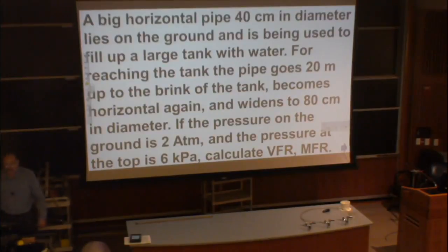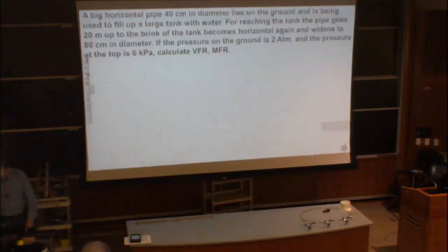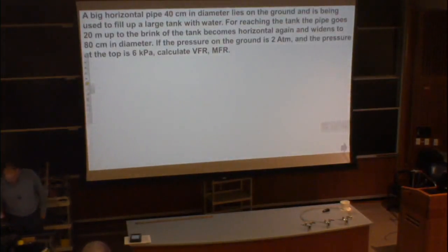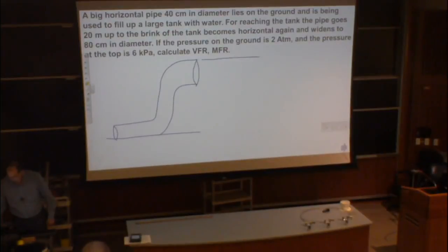If we know speed, we can calculate volume flow rate, we can calculate mass flow rate. So, the ground level, a pipe goes up, gets wider, doesn't stop here, of course, there's something else, a tank somewhere, it doesn't matter.